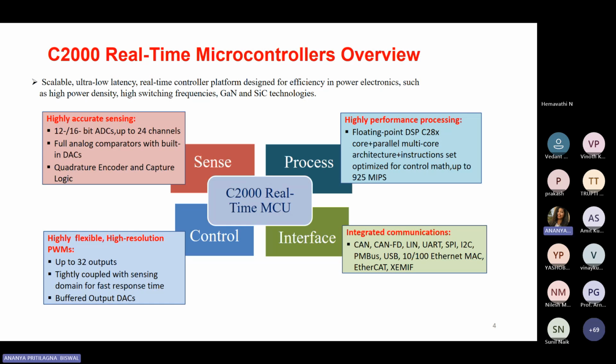For processing, it has high performance floating point DSP with C28x core plus parallel multi-core architecture, instruction set optimized for control, max up to 925 MIPS. Integrated communication circuits like CAN, CAN-FD, EtherCAT, XCMIF can be interfaced with this microcontroller.